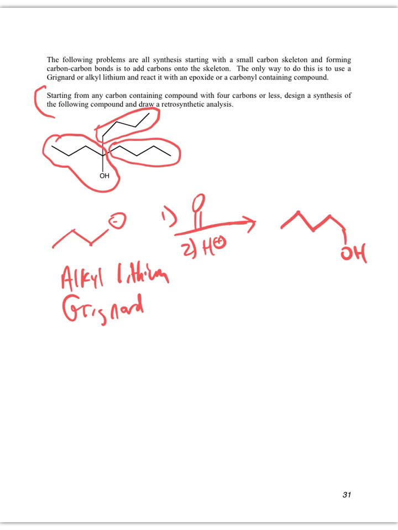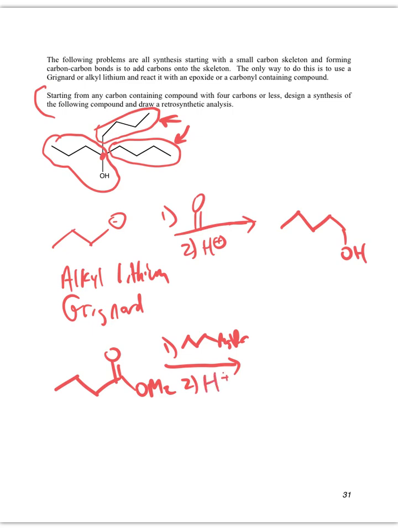So in this, we could see, since both of these groups are 4 carbons, and this carbon with the oxygen on it, both of those added to, we talked about a couple videos ago being able to take an ester, adding a Grignard or an alkyl lithium to it, followed by acid, and the Grignard adds twice to the ester, and it would give us our desired alcohol in good yield.